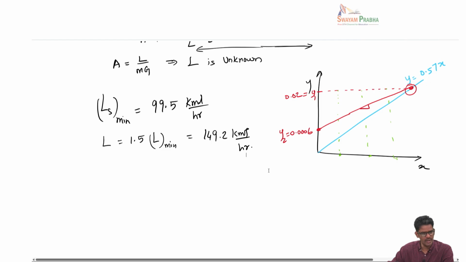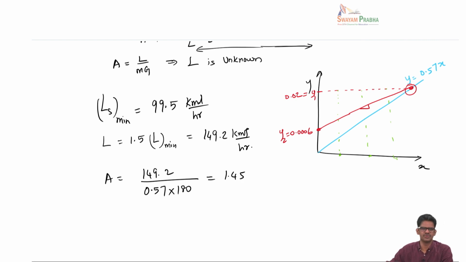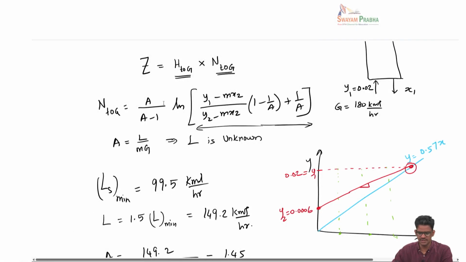So now that I know L, I can calculate A. A is 149 by 2 by 0.57 into 180. So this comes out to be something like 1.45. Then it's straight substitution. You go back to this equation, substitute for A; y1, y2 we know.